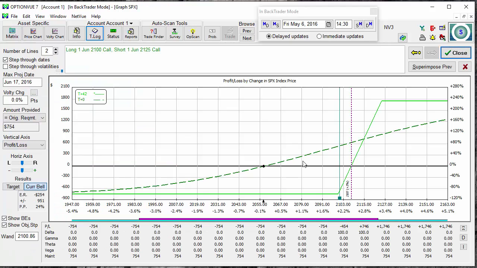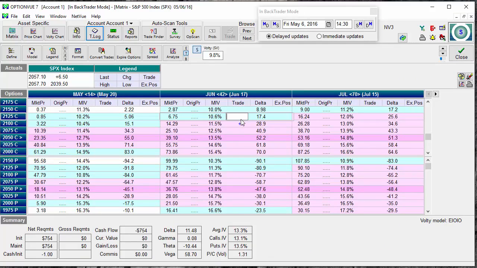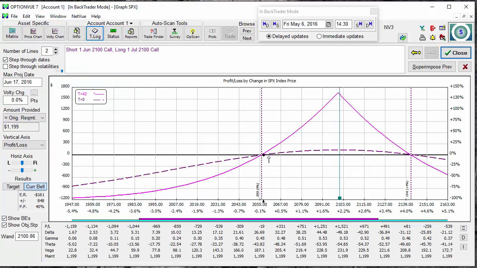It's still going to give me the same construction, but you'll notice that I have a much flatter directional T+0 line than if I were to do something like this. I have a much different slope to this one, and I have much more theoretical profit in the calendar, primarily because there are more days to expiration.